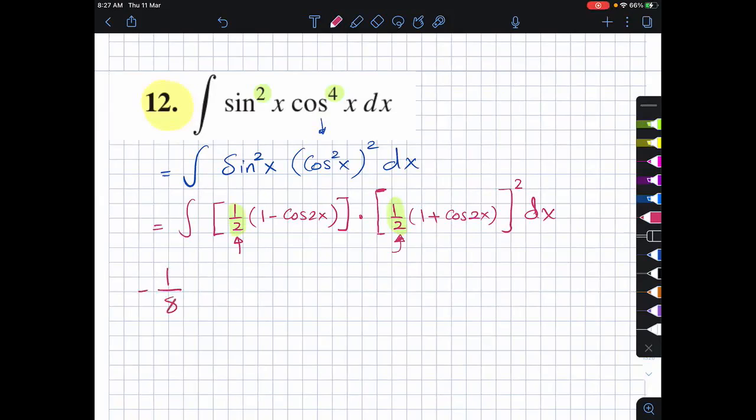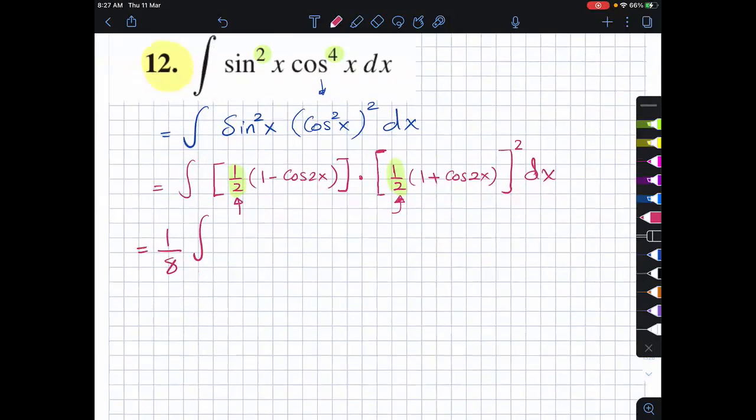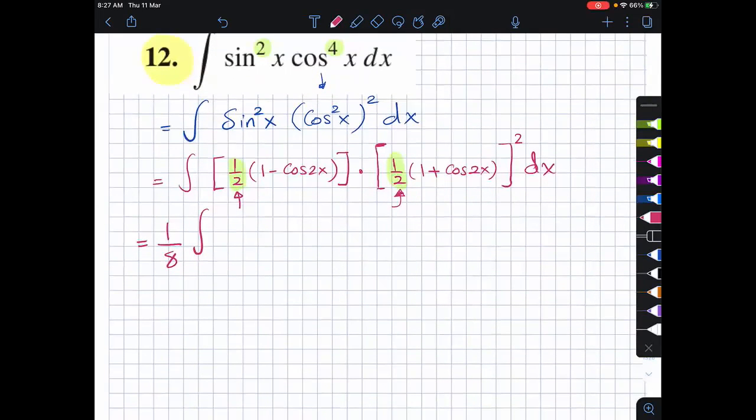Take it as a constant first. And then the integral of 1 minus cosine 2x multiplied by 1 plus cosine 2x all squared, dx. Then I forgot. Do we expand? I don't think we expand.